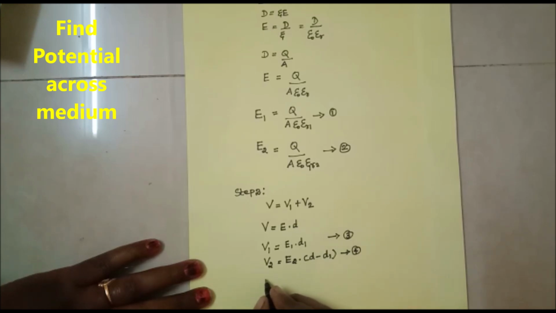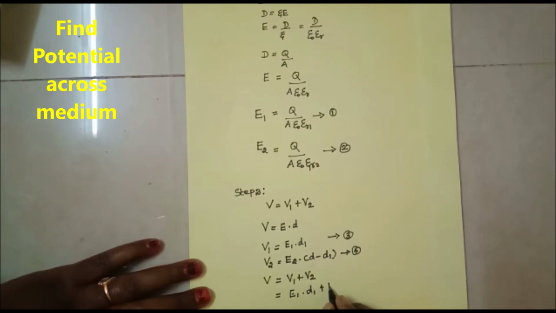From this we write down the expression for total potential, that is the sum of V1 and V2. Now V1 and V2 can be replaced by their expressions, that is E1 into D1 plus E2 into D minus D1.